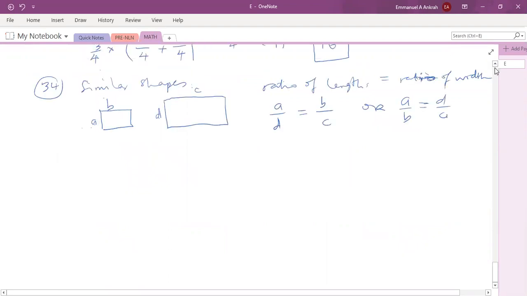Okay, consistency, that's all. So if I say the length over the width should be the same as the length of the other one to the width.